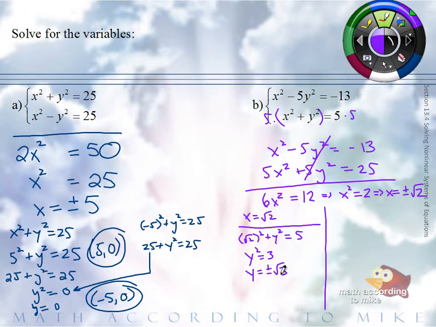So notice that we got these answers when we put in radical 2 for x. So that means we get the ordered pairs radical 2, radical 3, radical 2, negative radical 3. And now we're going to plug in negative square root of 2.